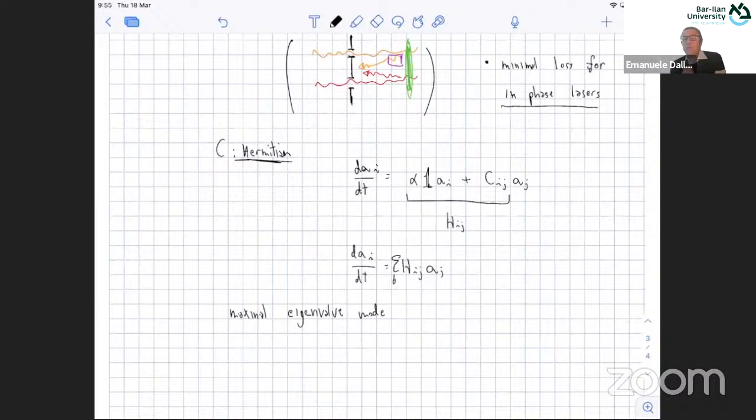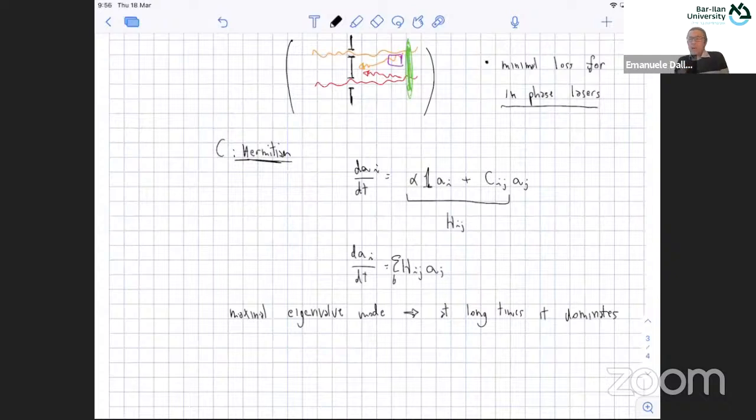So eventually, if you wait long enough, what you will see is always the maximal eigenmode, the mode with the maximal eigenvalue. At long times, it dominates. If you just wait some time and then measure, you will see with, say, 100% certainty that particular state.